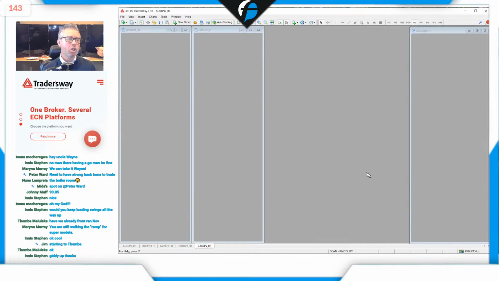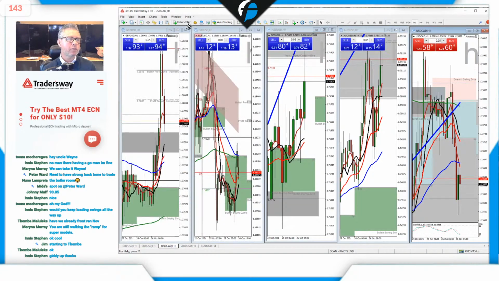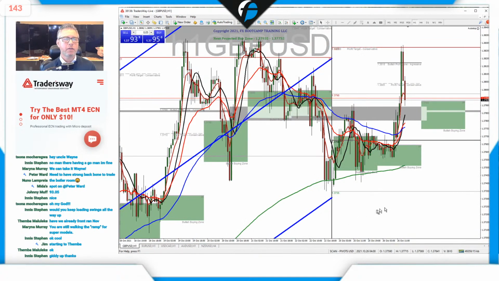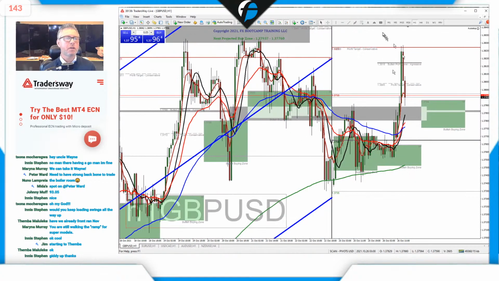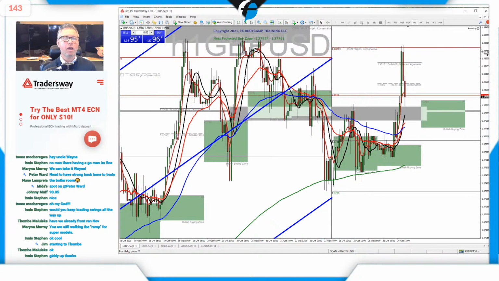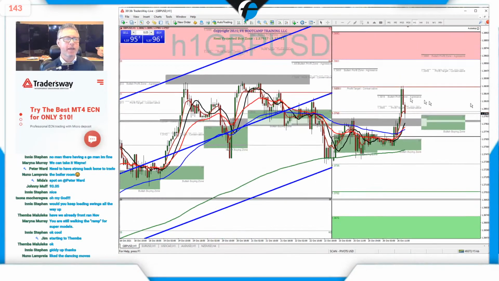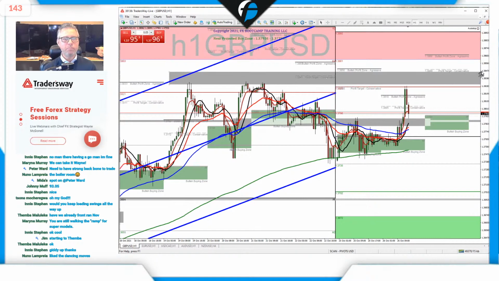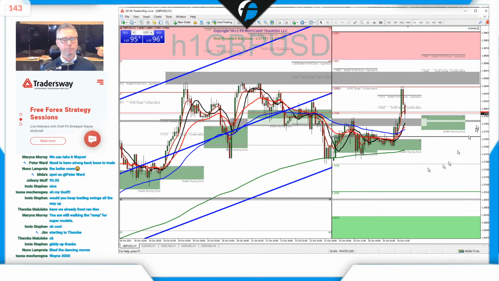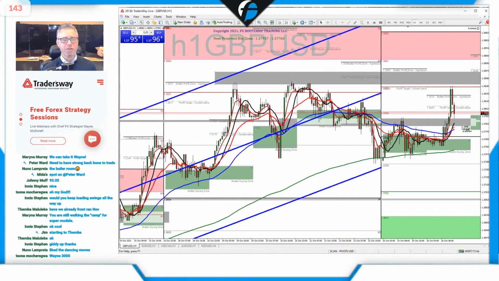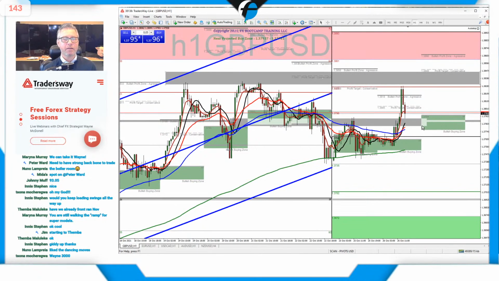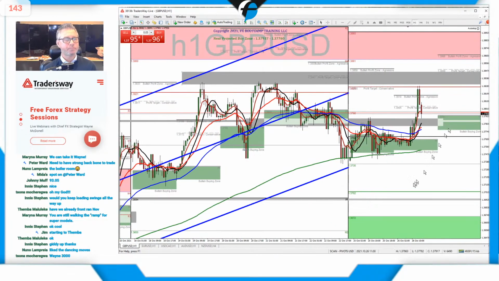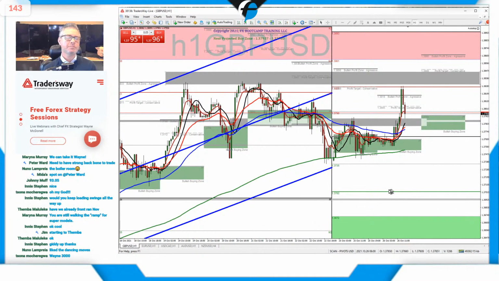Look at our dollar. Remember, okay? Wow, look at that. Hit our resistance. Hey, look at that. Hit our resistance. Cool. Okay. Question is, are you going to buy it?